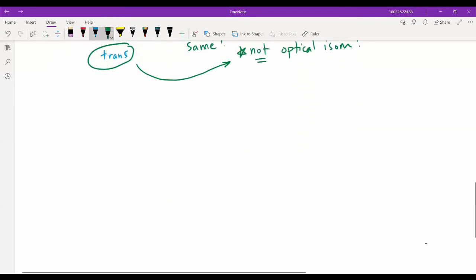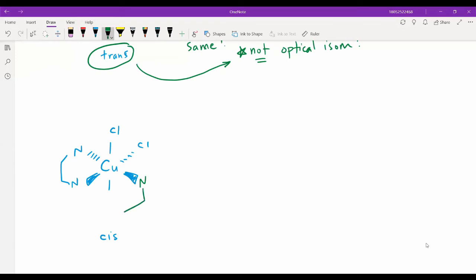The other thing I could start with would be the cis geometric isomer. It doesn't really matter how I draw that cis form, but let's put the two chlorines here and here. One ethylenediamine could be here, one could be here. Maybe I'll make this one green for a difference. Okay, maybe let's do this one red.